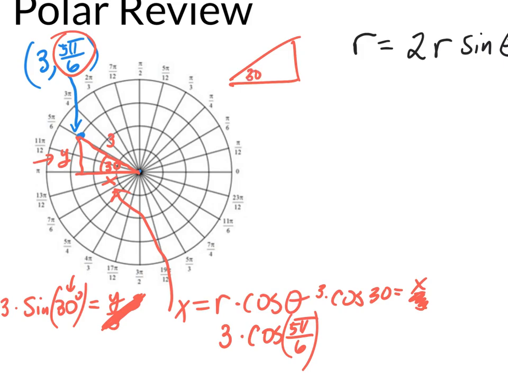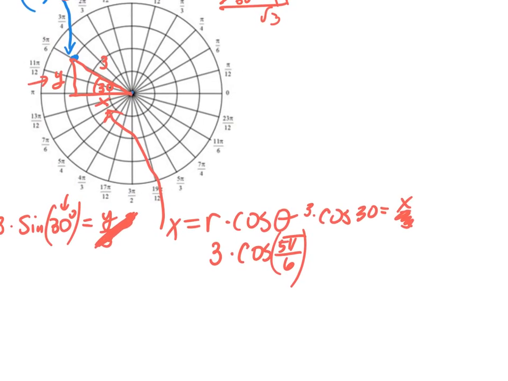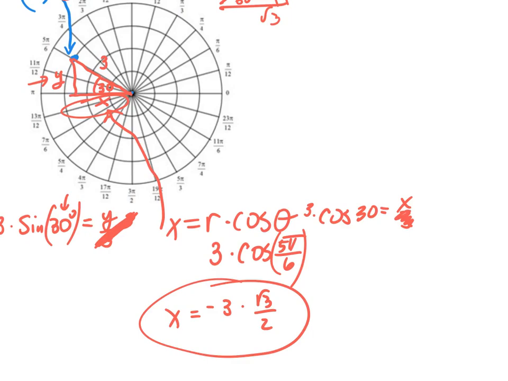Here's a 30, 60, 90: 1, 2, square root of 3. And so cosine of 30 is root 3 over 2. So then I go 3 times root 3 over 2. But then I have to remember that this is a negative because x is going in the negative direction. So it's negative 3 root 3 over 2.